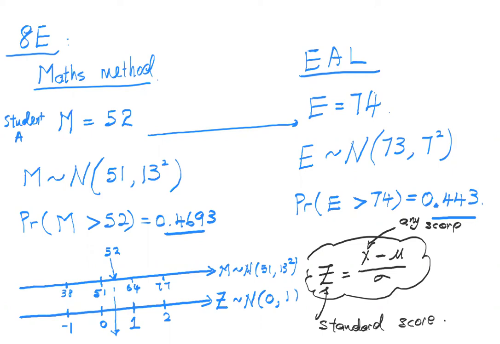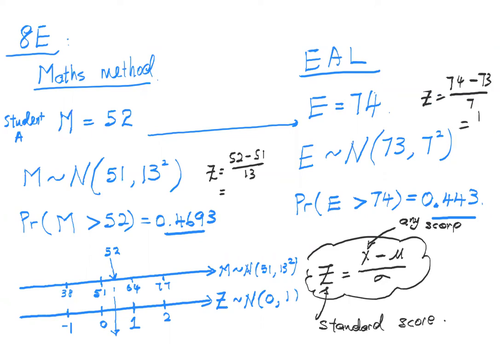For maths, the standardized score will be 52 minus 51 divided by 13. For EAL, the standard score will be 74 minus 73 divided by 7.